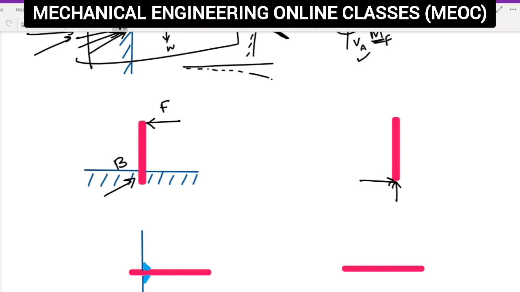If at all our reaction at B is horizontal, its vertical component will become 0. I don't have to worry about that. When we apply sigma F equal to 0, we will know all the values. So this is point B. So this F is creating an anti-clockwise moment. So the reaction will be a clockwise moment at point B.